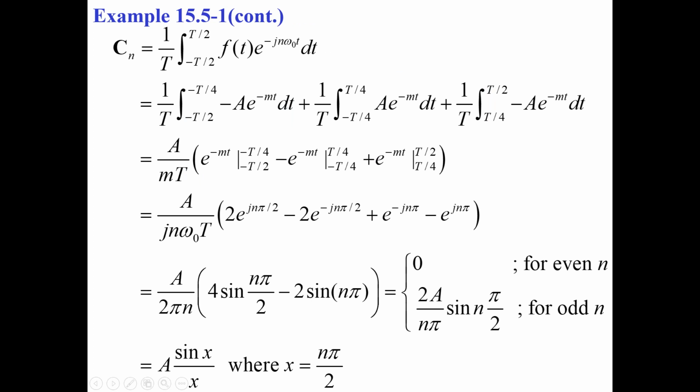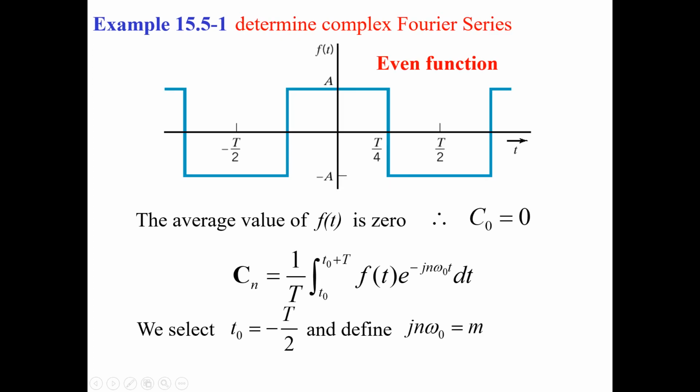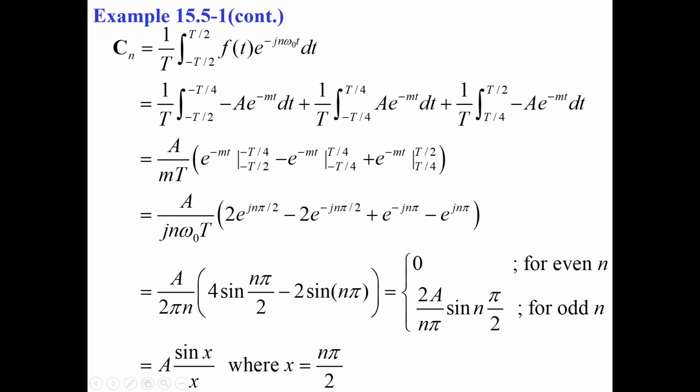For this minus T by 2 to T by 2, look at the function: from minus T by 2 to minus T by 4 there is a different value, from minus T by 4 to T by 4 a different value, and from T by 4 to T by 2 a different value. Although these are the same, for integrating you need to split it as minus T by 2 to minus T by 4, minus T by 4 to T by 4, and T by 4 to T by 2.